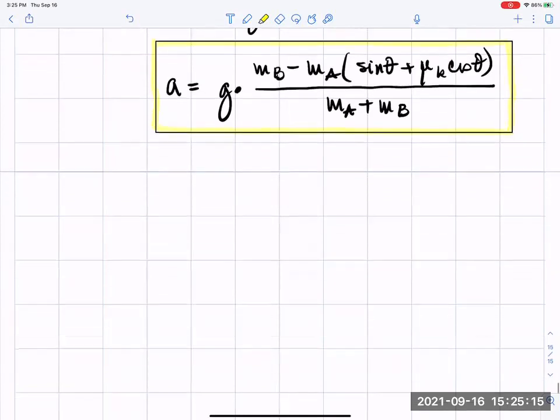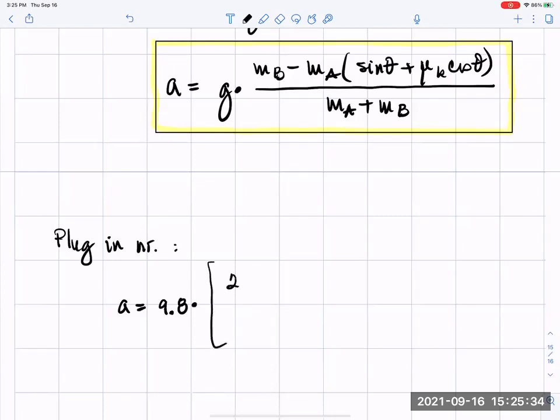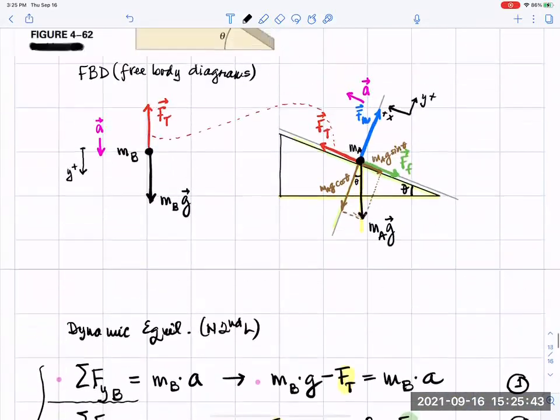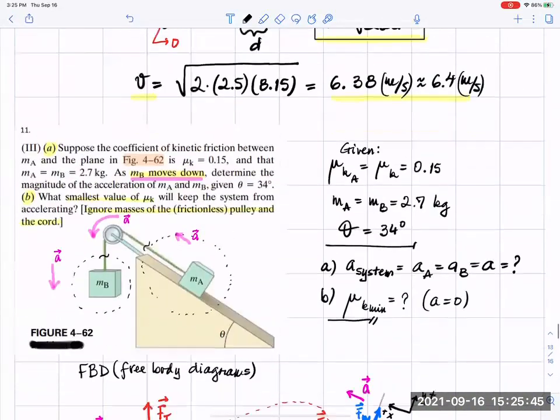So let's plug in our numbers now. You see how that one is always done at the very end? So don't jump on the calculator at the start. What do we have? 9.8 times, 2.7 minus another 2.7, sine of, I forgot what theta was, 34.